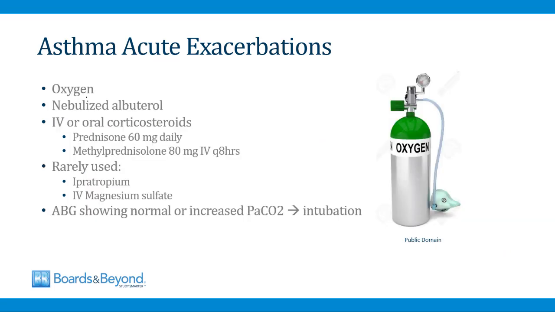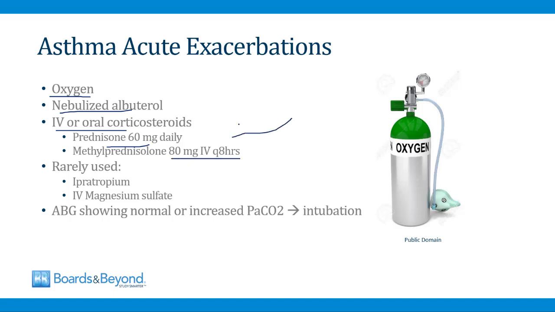The mainstay of treating asthma is to administer oxygen and administer nebulized albuterol to cause bronchodilation. Beyond this, many people with asthma exacerbations require steroids for a period of time. These can be done intravenously in the hospital or given orally as an outpatient. For example, prednisone 60 milligrams daily as an outpatient, or methylprednisolone 80 milligrams IV every Q hours.